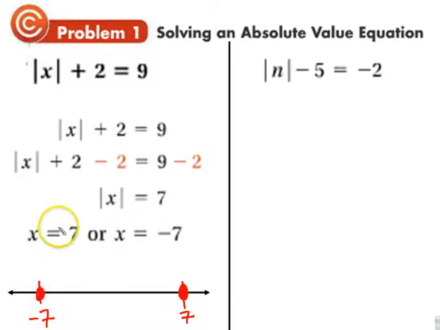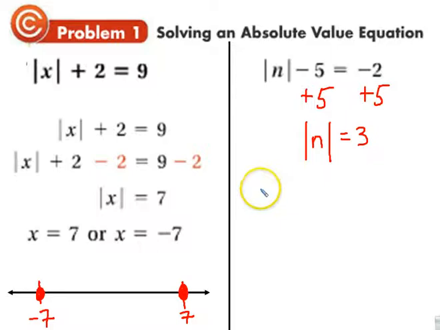Okay, notice that this is an equation, so it says it has to equal those numbers. Right, so we want to get the absolute value expression alone. So we'll do the same thing here. I'm going to get rid of the minus 5 by adding 5. And that gets me the absolute value of n is equal to 3.